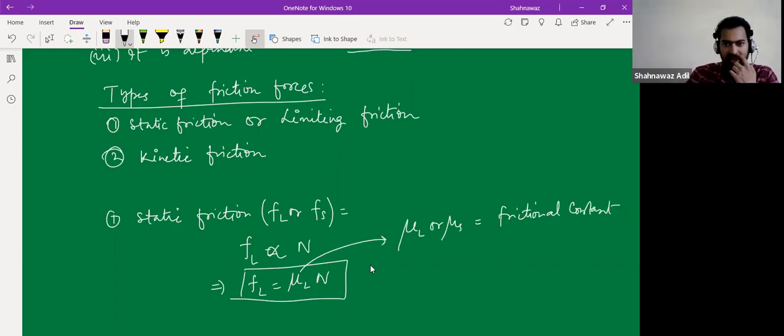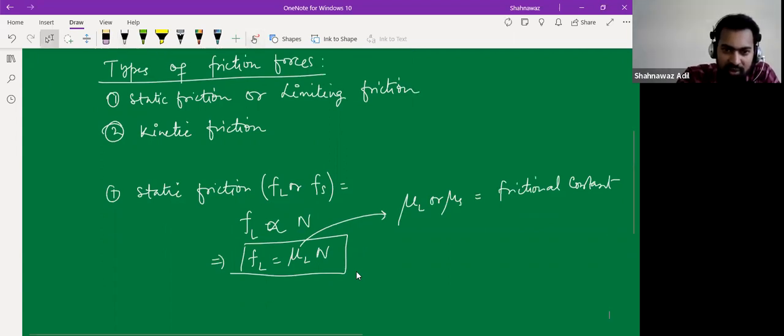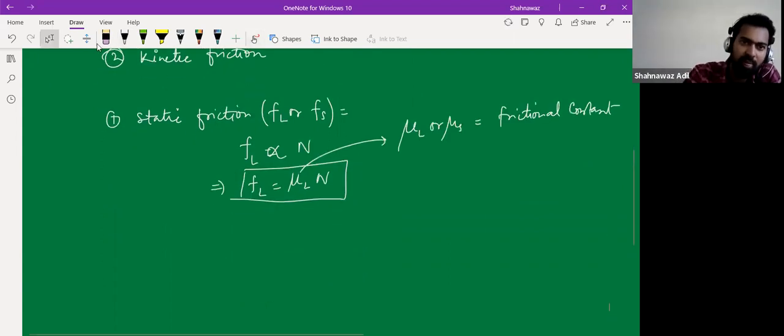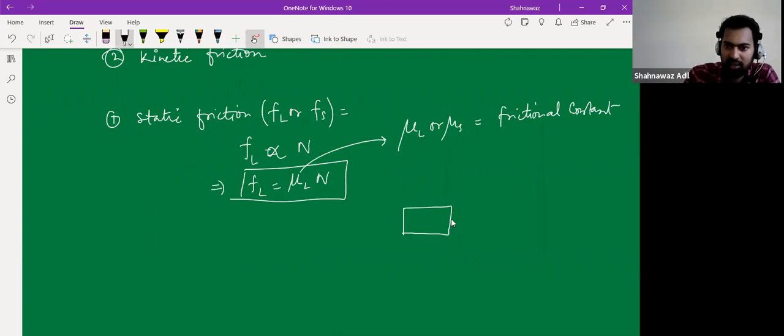And when the body starts to move, okay, so let's say there is a block and you apply a force, right? And it is not moving, which means that the friction this surface is applying on this body, the Fs, is greater than F, right?